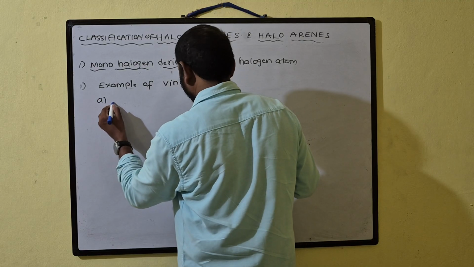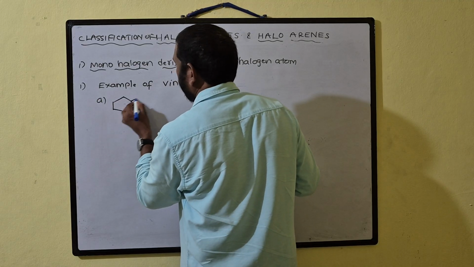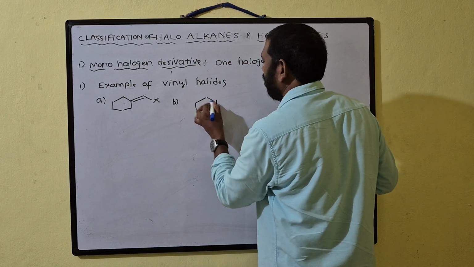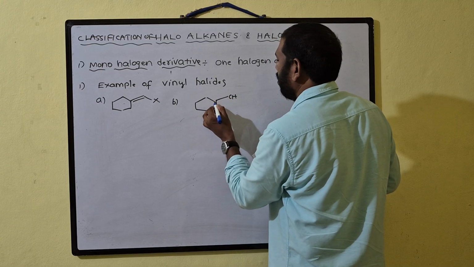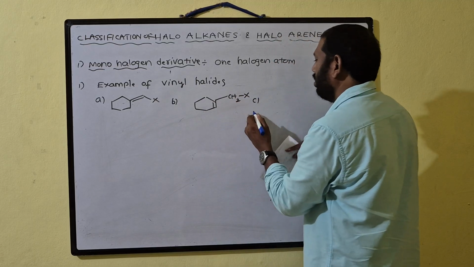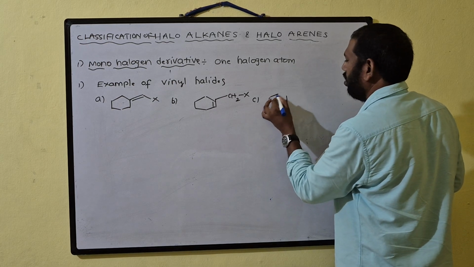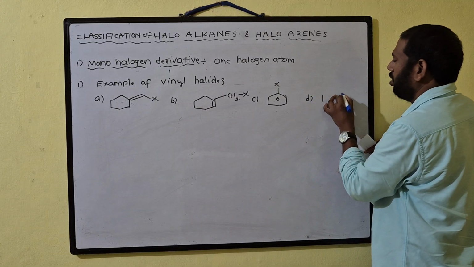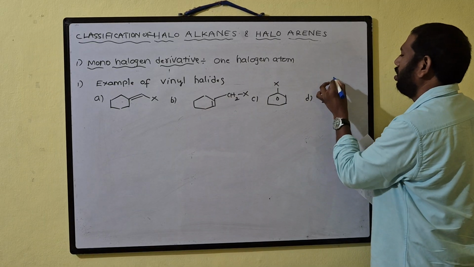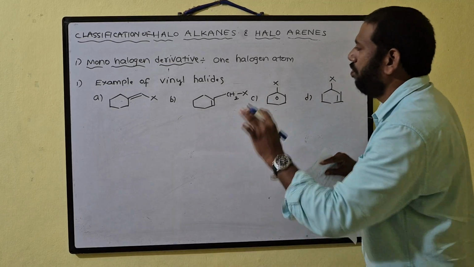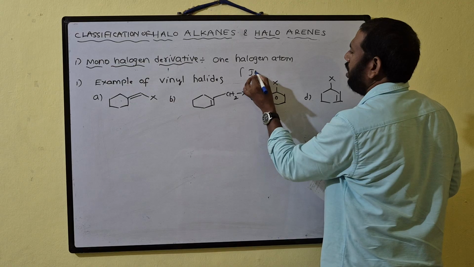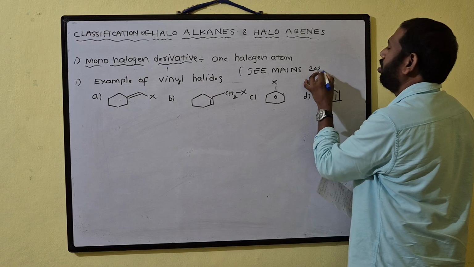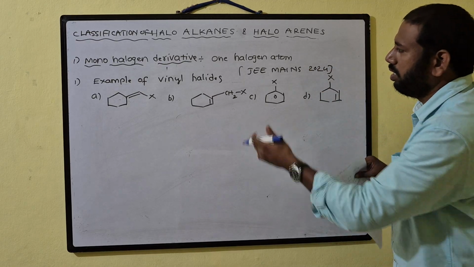Option A, option B, option C, option D. So these are the options. Example of vinyl halide. It was asked in JEE Mains 2024. Right.